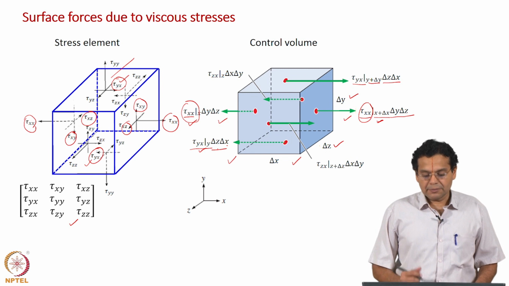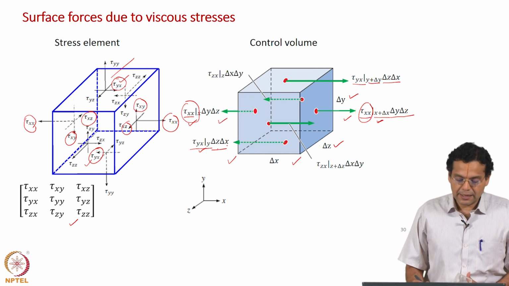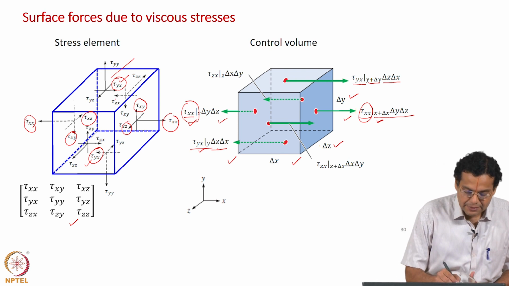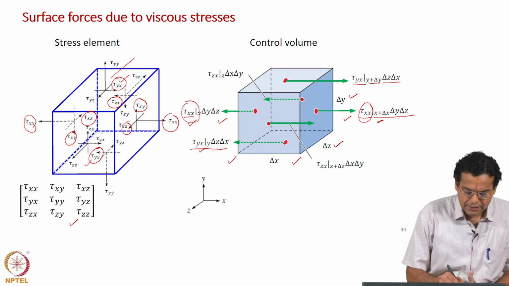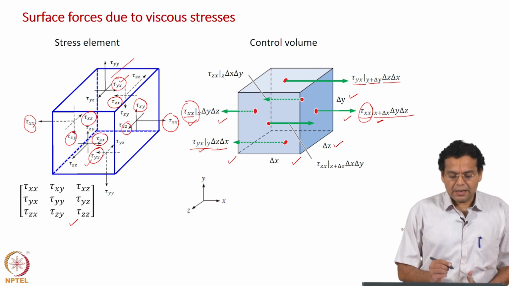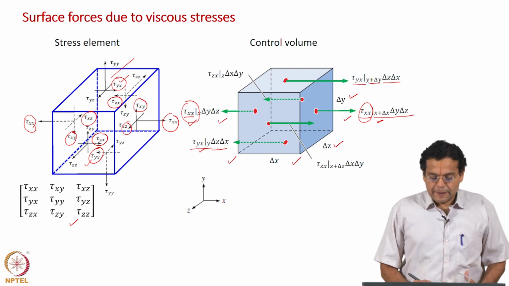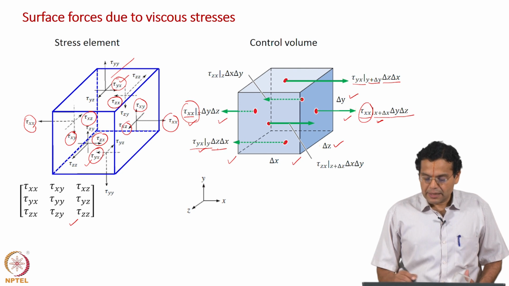Similarly, we can discuss the z face as well. What are the components to be taken here? We will have to take tau zx, that is this component, and then we will have to take this component here. On the front face, because it is a positive face, the force is along the positive x axis.